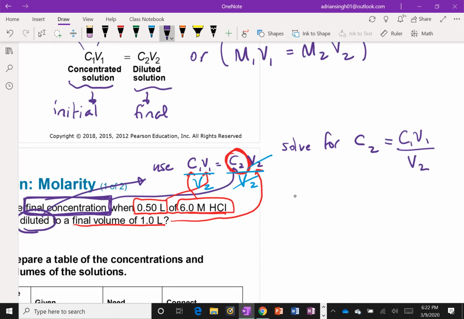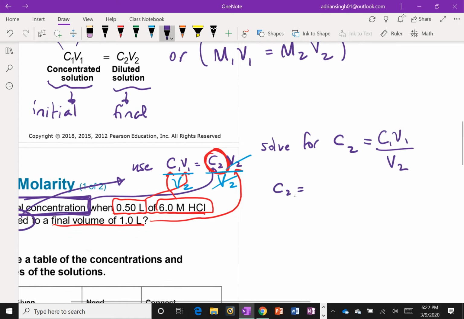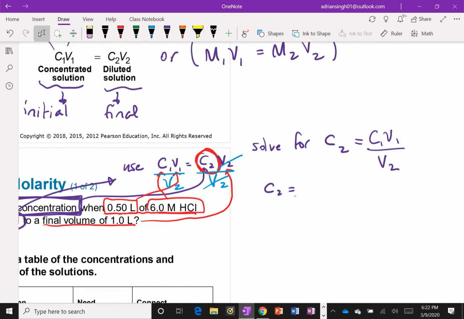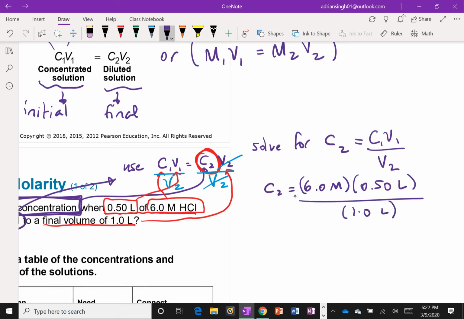So then we just substitute our values. Don't just put the numbers, but put the units in as well. All right, so we already pulled out that information from the question. Our C1 was 6.0 molar. Our V1 was 0.50 liters. And then our V2, our final volume, was 1.0 liters.